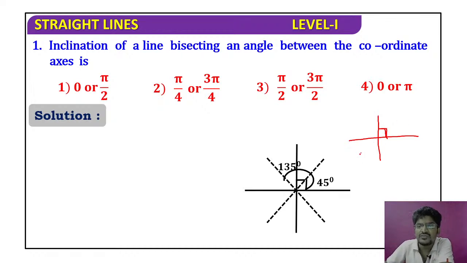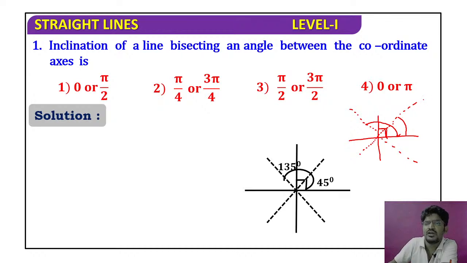So if the line is bisecting this angle, it is dividing the angle into two equal parts. In the same way you have another line on this side, so you have two lines, and here also it is bisecting. So this is line 1 and this is line 2, and they are bisecting the angle between the coordinate axes.